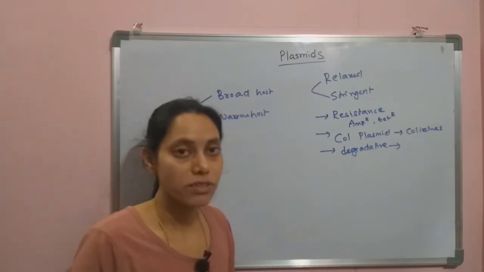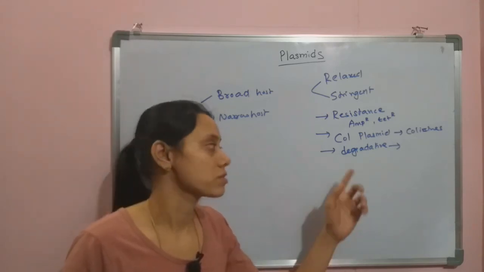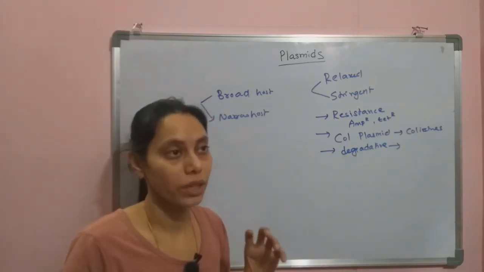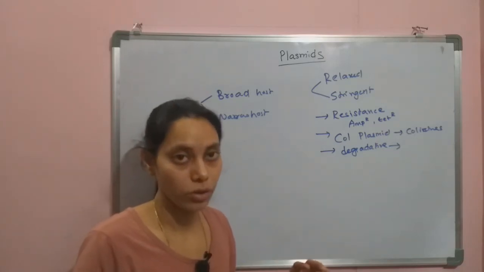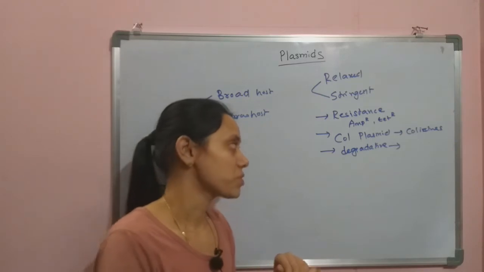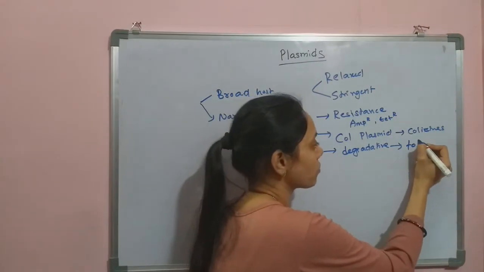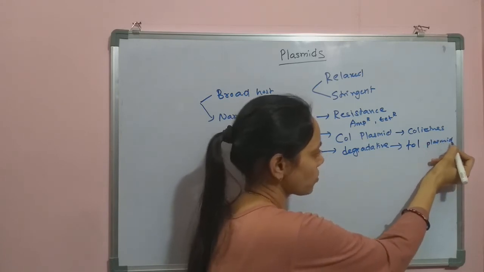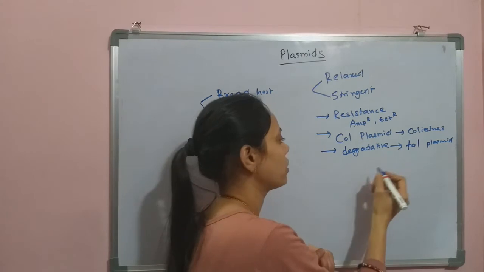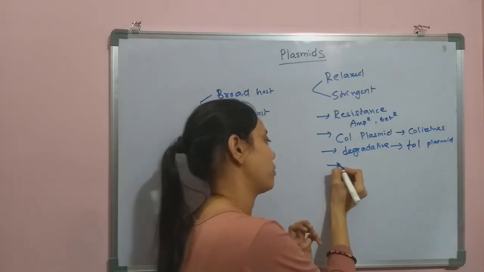All these kinds of substances will be degraded by the bacteria due to the presence of degradative plasmids. They have the genes for degradation of these toxic substances. For example, the TOL plasmid in Pseudomonas putida is responsible for toluene degradation.